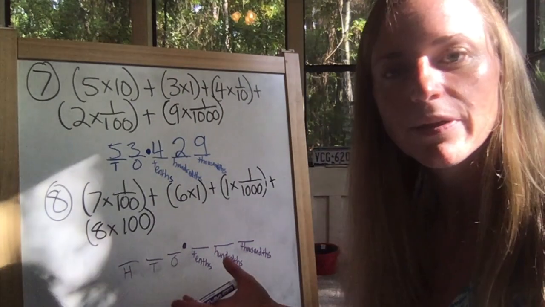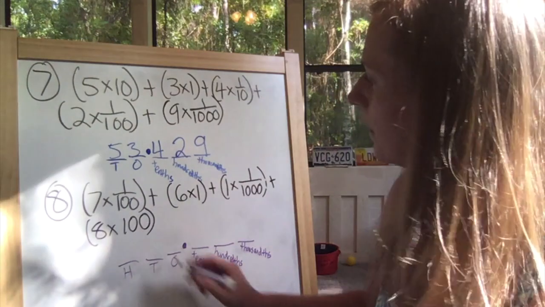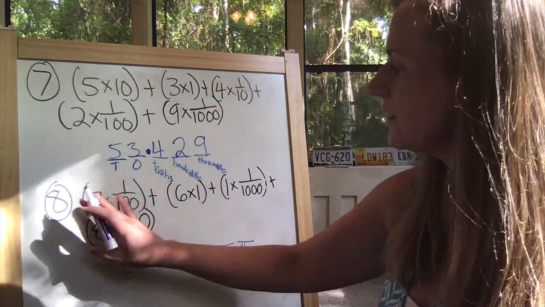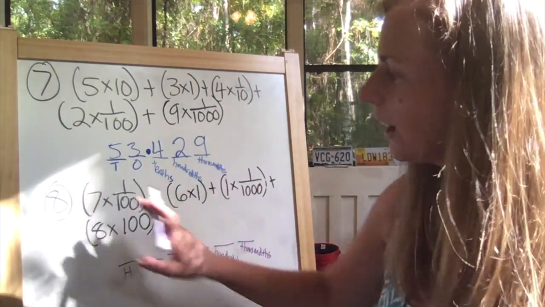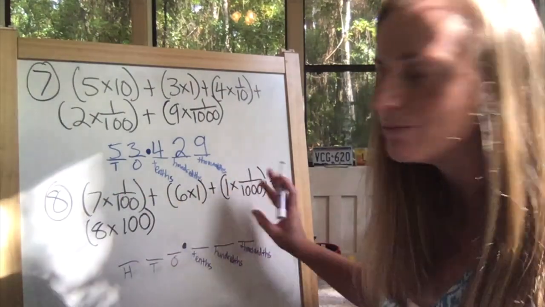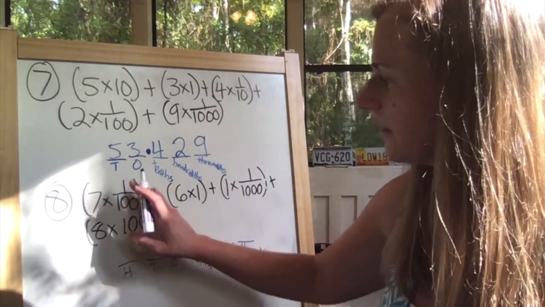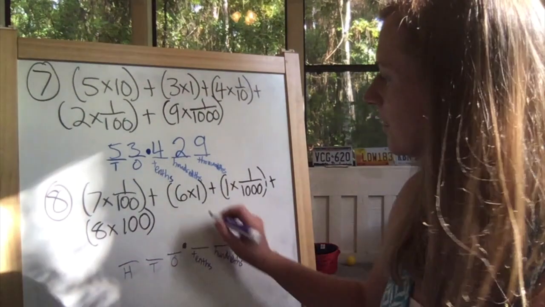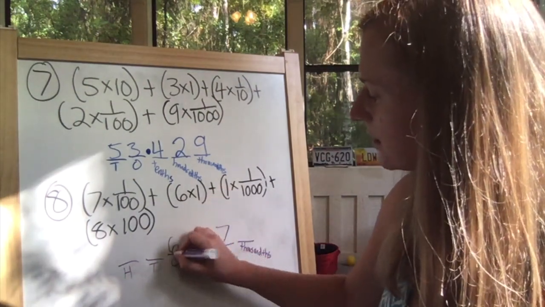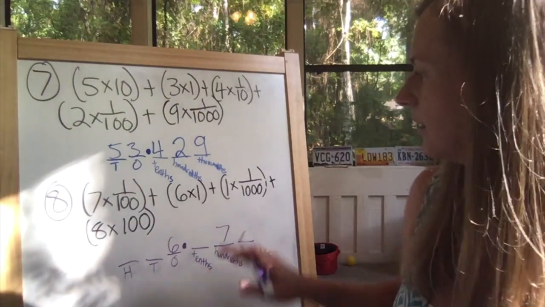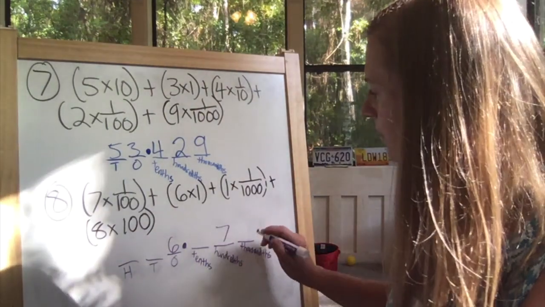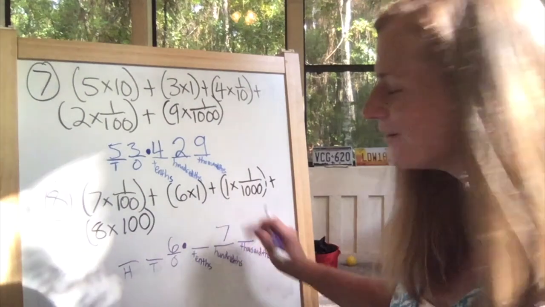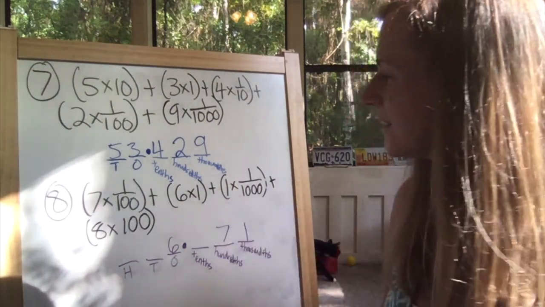So now we put the numbers where they belong. So the numbers, as you can see, are jumbled up out of order. I like to go in order so I don't miss one. So 7 is in the hundredths place, that goes there. 6 is in the ones, that goes there. 1 is in the thousandths place, that goes there.